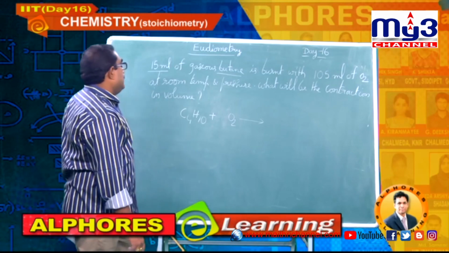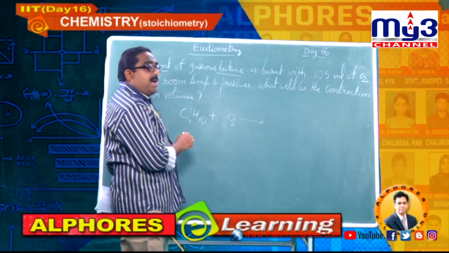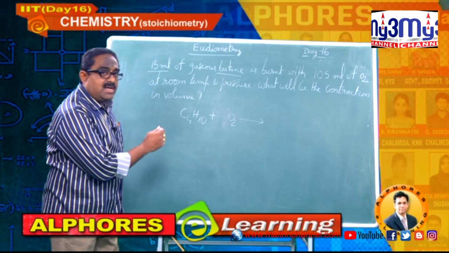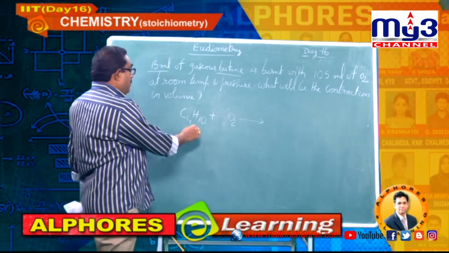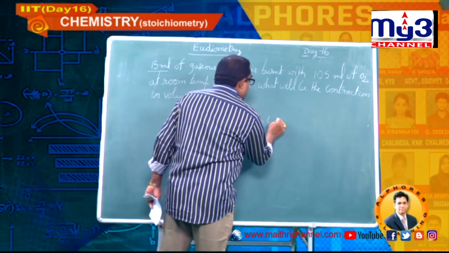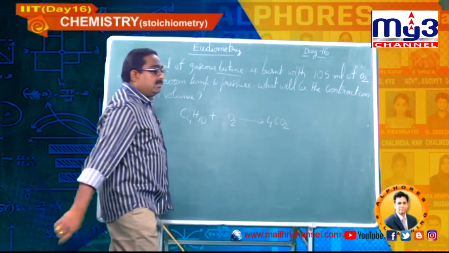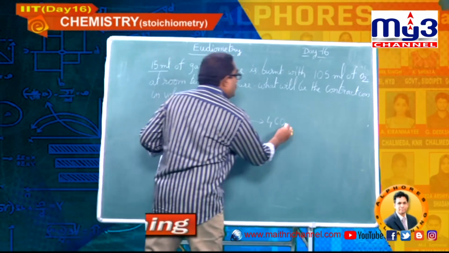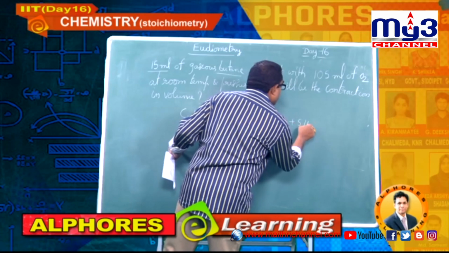Let me write the balanced chemical equation for the combustion reaction of butane. 4 carbons are there, so you should go for 4 CO2. 10 hydrogens are there, so you should write 5 H2O.